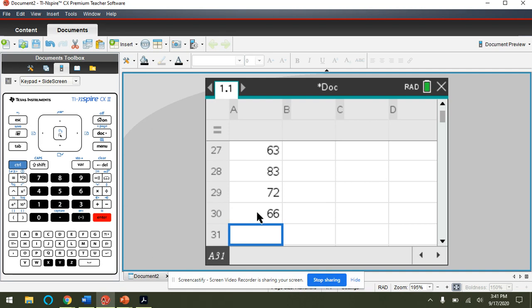Okay. Notice number 66, the last data point, is at 30, which is good because there are 30 data points.